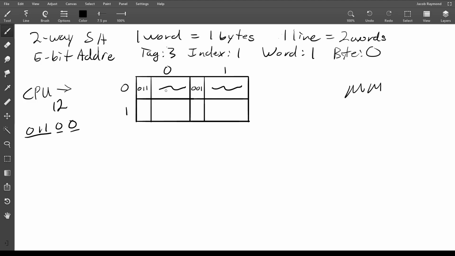And so we can just say, well, bit one's the oldest. And then if we access this one over here, then, oh, hey, now 0 is the oldest, right? You can't necessarily do that with multiple ways, but with 2, if you access 1, then the other one's the oldest. So it's really easy to keep track of that, and you can do that with a single bit of information.